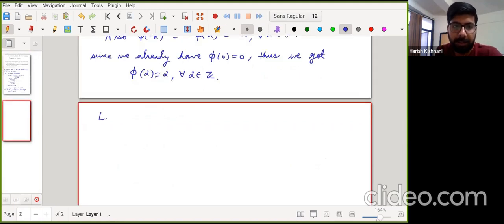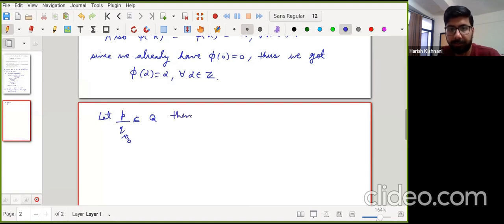So let p by q, where q is non-zero, be a rational number.